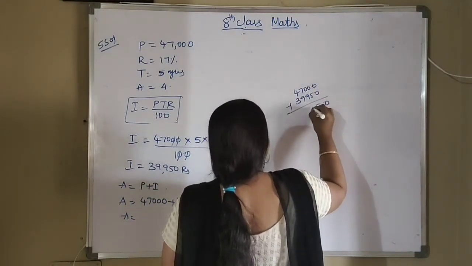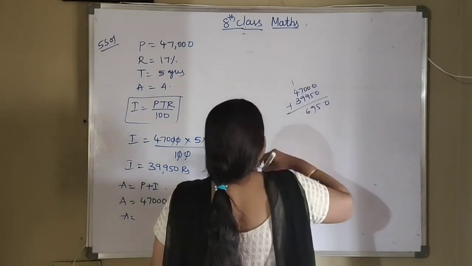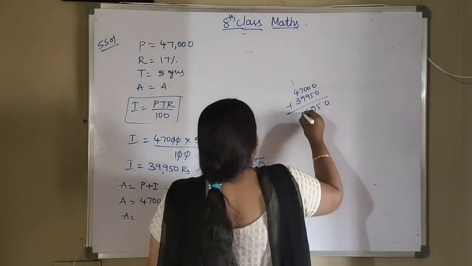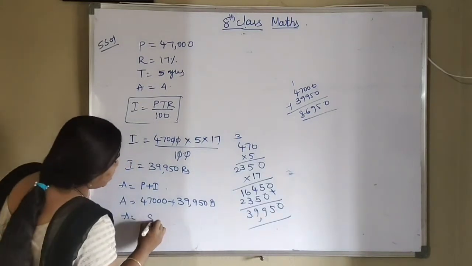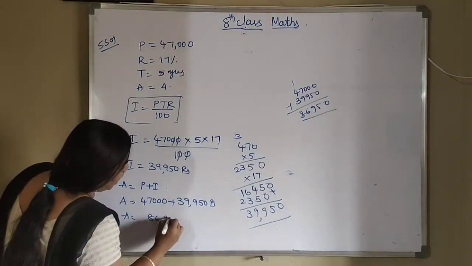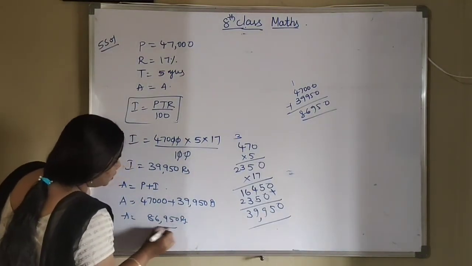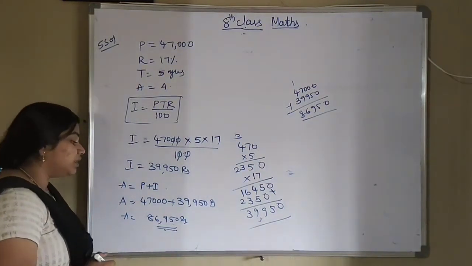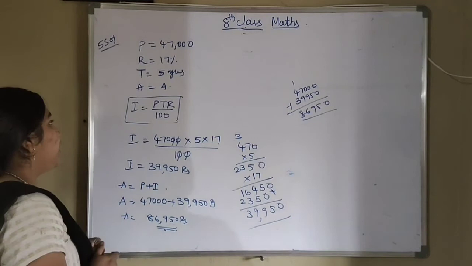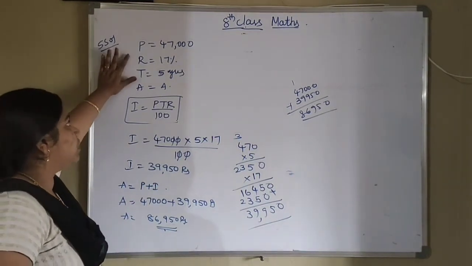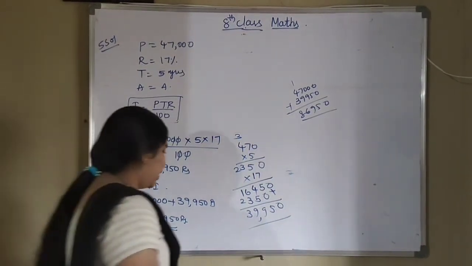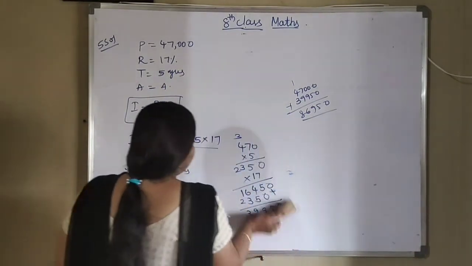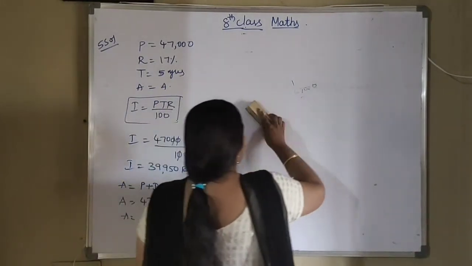So 0, 5, 9 will be 16, 8. So it will be 86,950 rupees. So after 5 years he is paying 86,950 rupees. He has taken 47,000 but he is paying how much? 86,950 rupees.